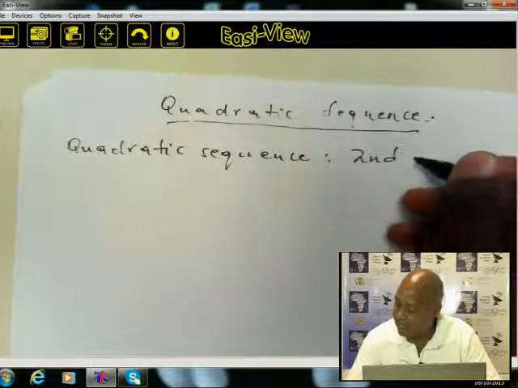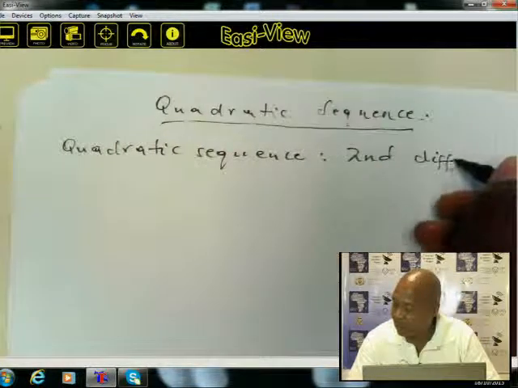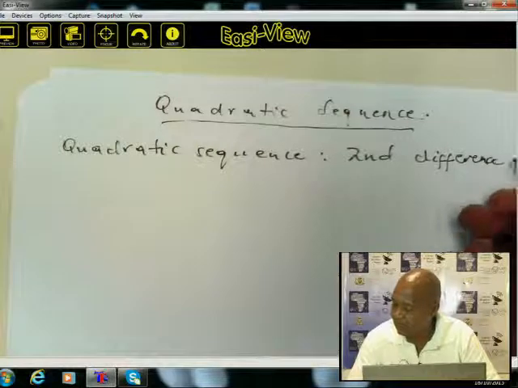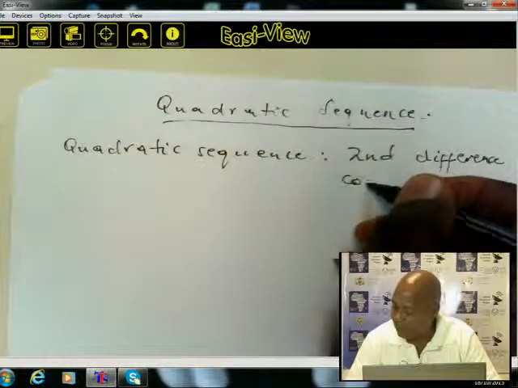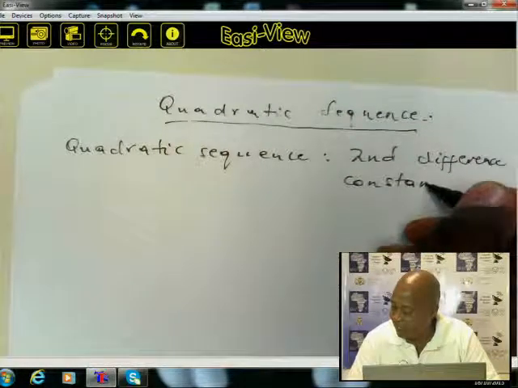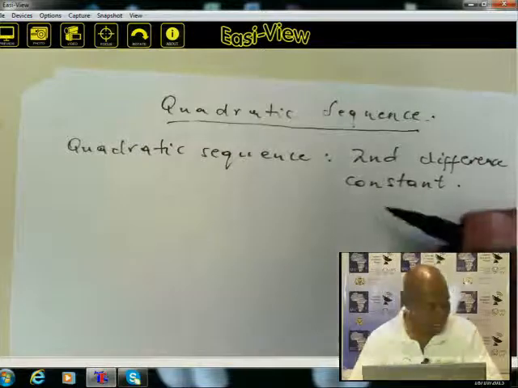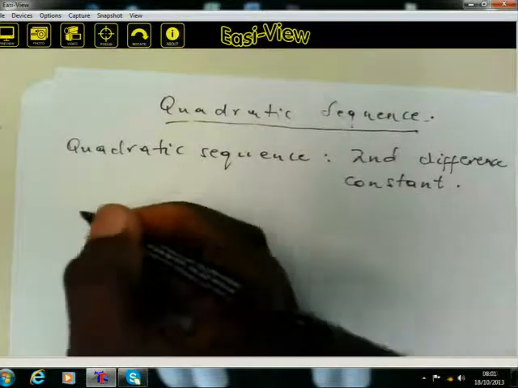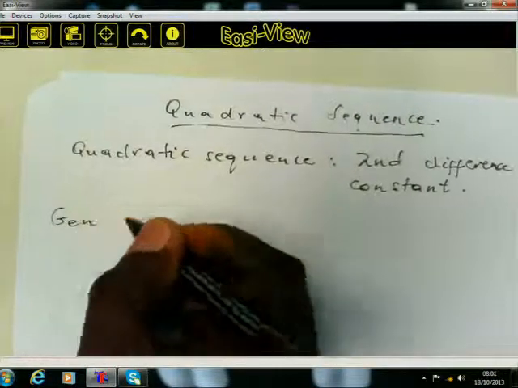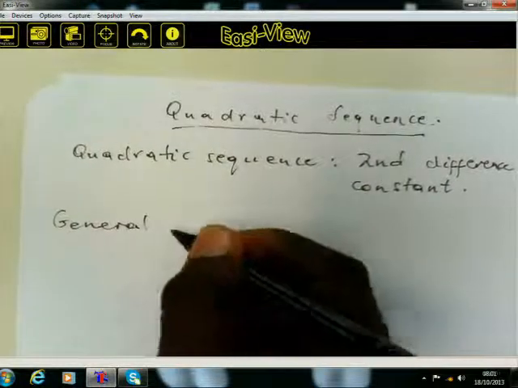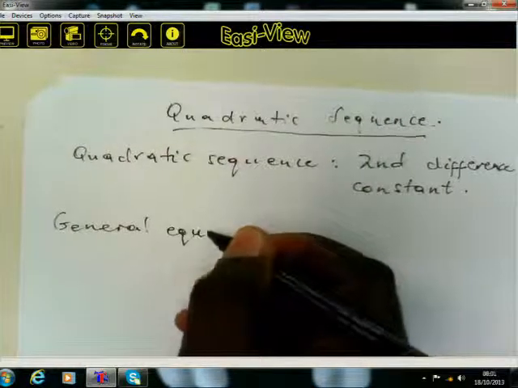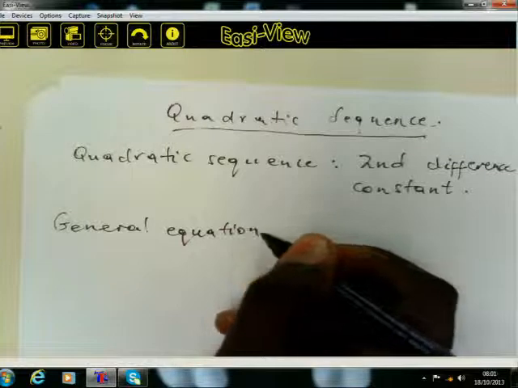The second difference is constant, right? And then the general equation for this quadratic sequence is as follows.